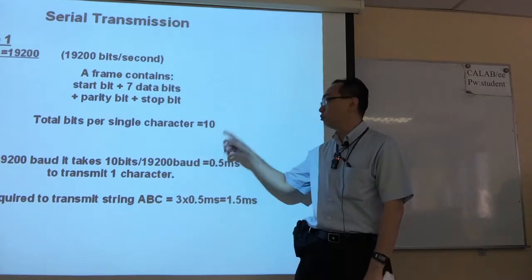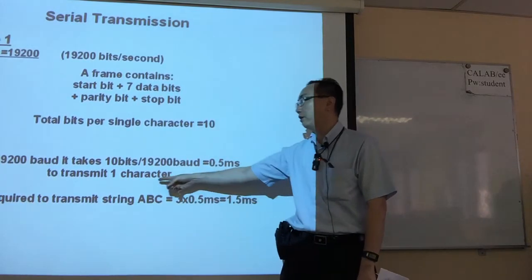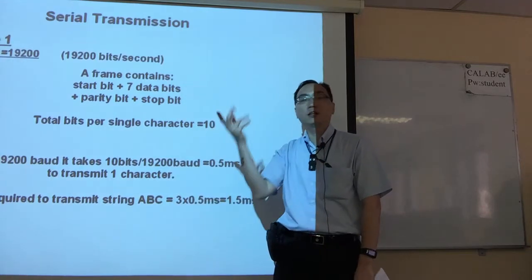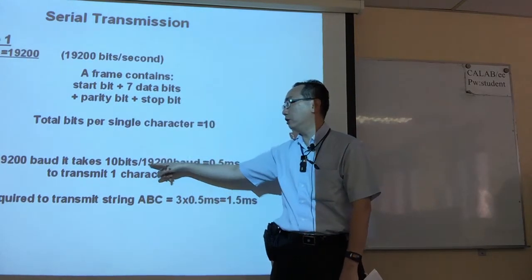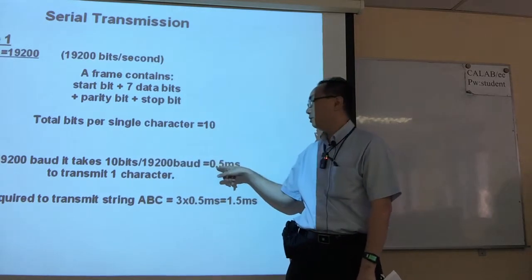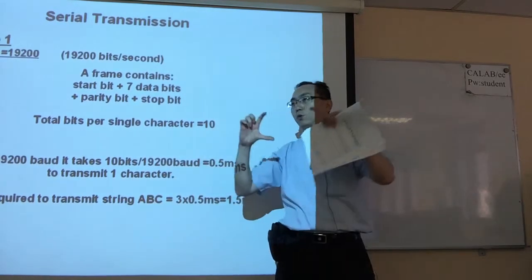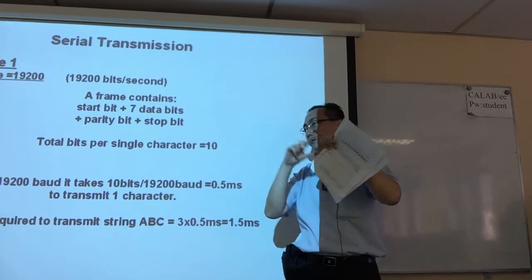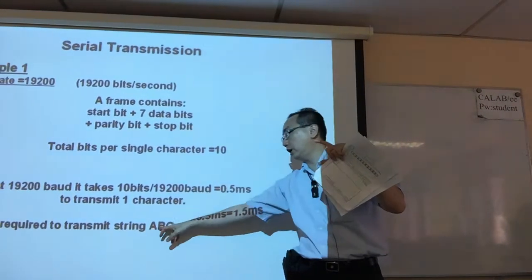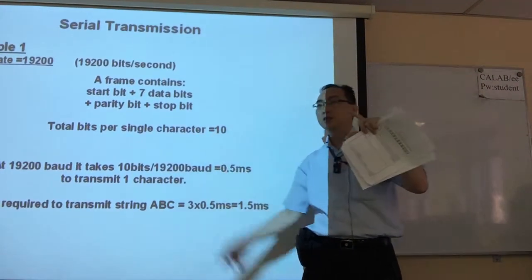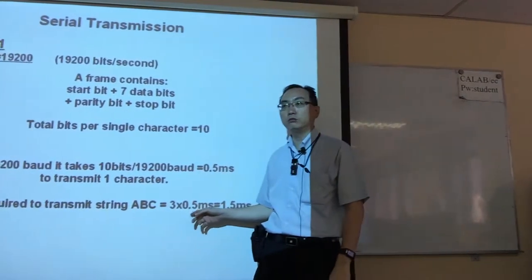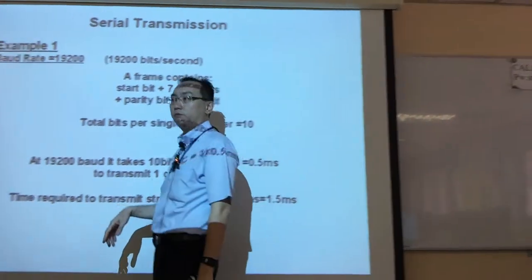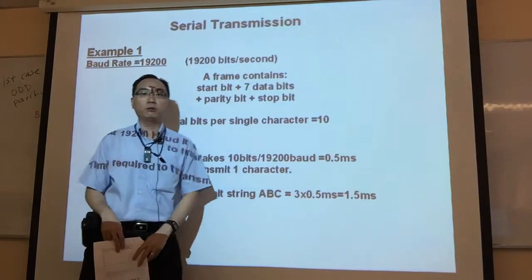Find the time taken to transmit 1 frame or 1 character. 1 frame equals 1 character. Count the total number of bits, divide by the baud rate, 10 bits divided by this, gives me the time. This is the time taken to transmit 1 frame. But if you have 3 characters, that means times 3. Very important example here. Need to take note.